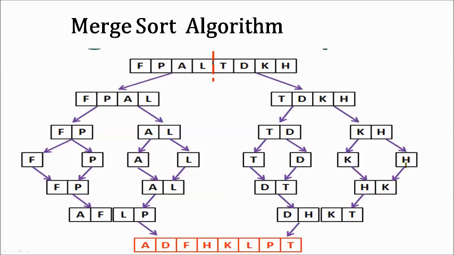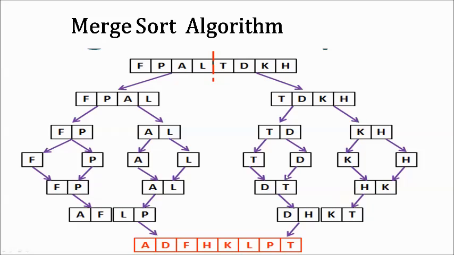As you can see, I have a given set here: F, P, A, L, T, D, K, and H. If you're going to do the merge sort algorithm, you have to apply divide and conquer. If you're going to divide, make sure it is equal.